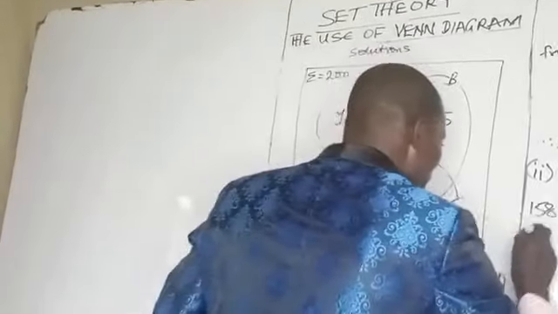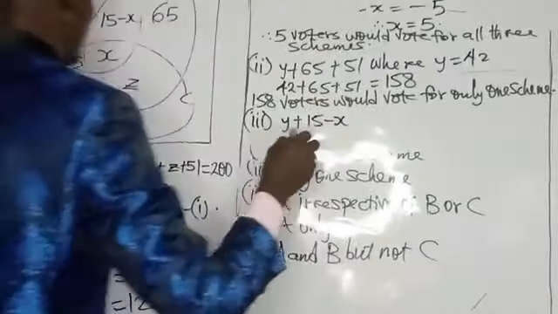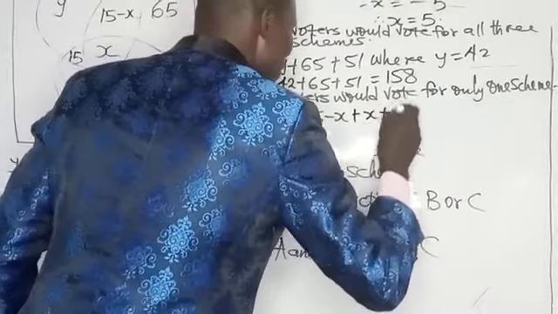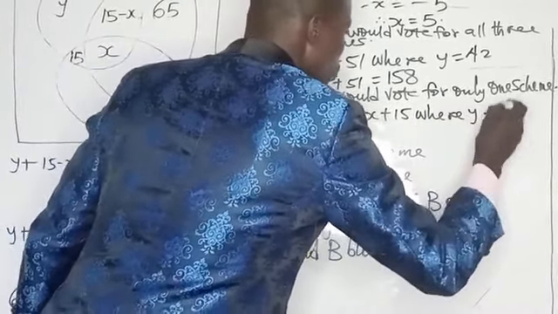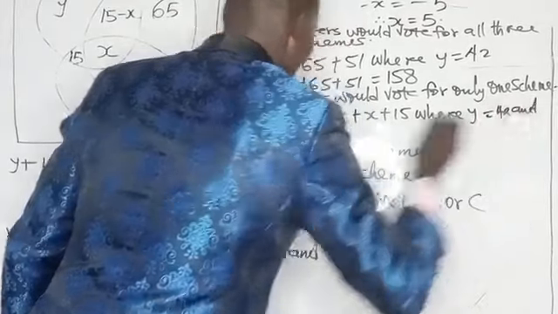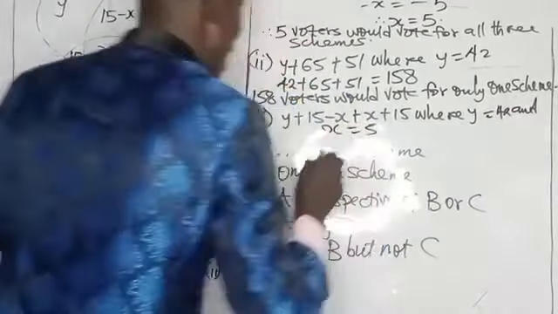Roman figure 3. Y plus 15 minus X plus 15. Where Y is 42 and X equals to 5 as calculated.